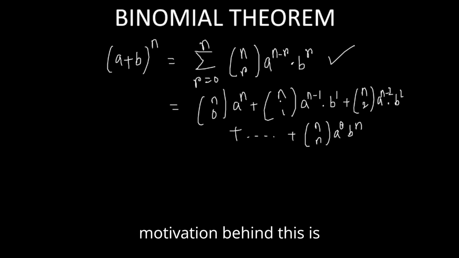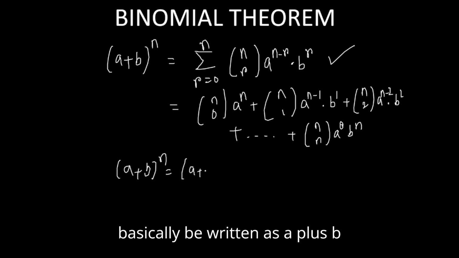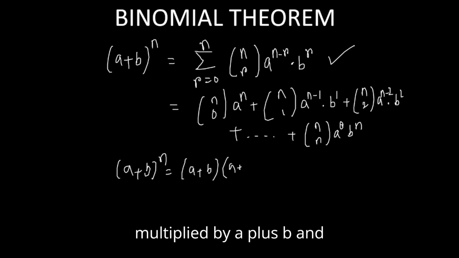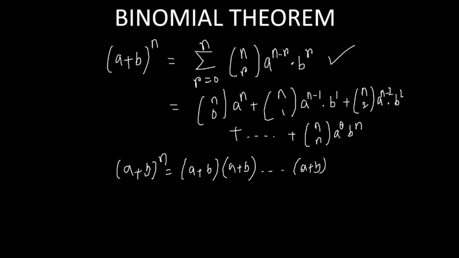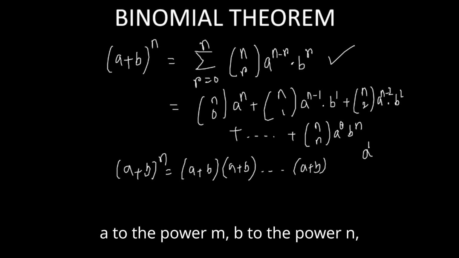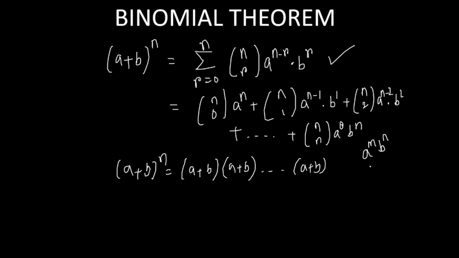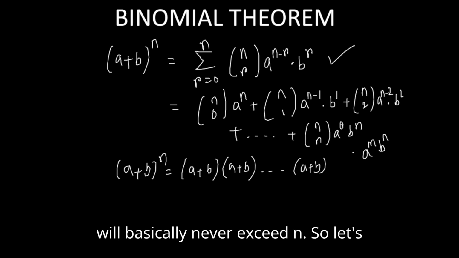The motivation behind this is that a plus b whole to the power n can basically be written as a plus b multiplied by a plus b, and there are n such copies, right? And when we are multiplying all these copies, we will get terms of the kind a to the power m, b to the power p, where the sum of m and p is always equal to n.